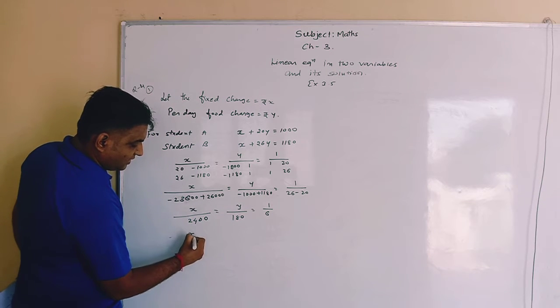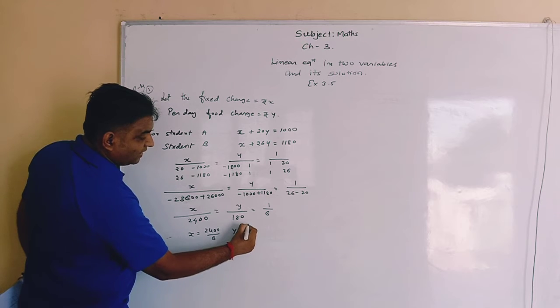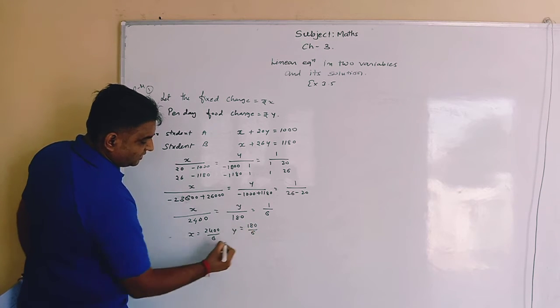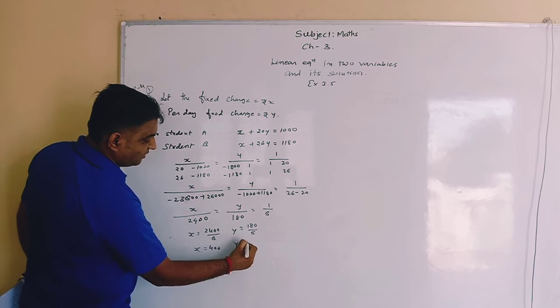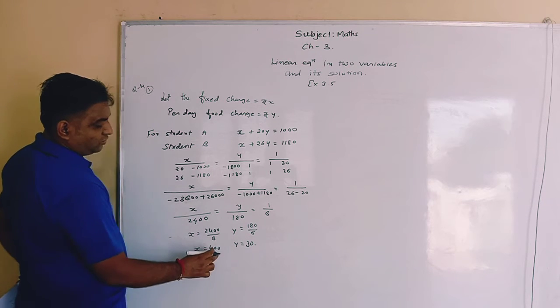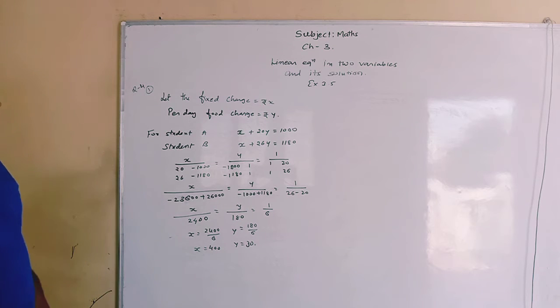And so x is equal to 2400 by 6, y is equal to 180 by 6. So x is equal to 400 and y is equal to 30. And so the fixed charge is 400 and the per day feeding charge is rupees 30.